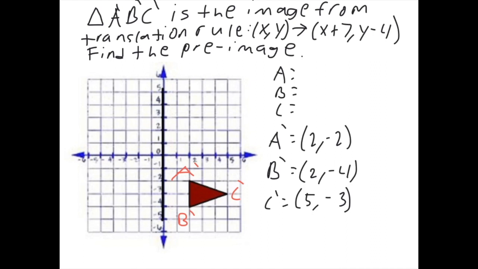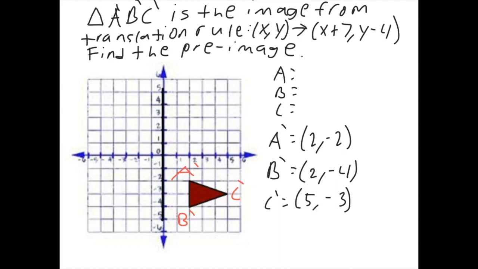So the translation was to add 7 to the x-coordinate of the pre-image to get the image. So if we look here, A prime, its x-coordinate was 2. So if we do the opposite and subtract 7, we'll find out what was added to get 2.